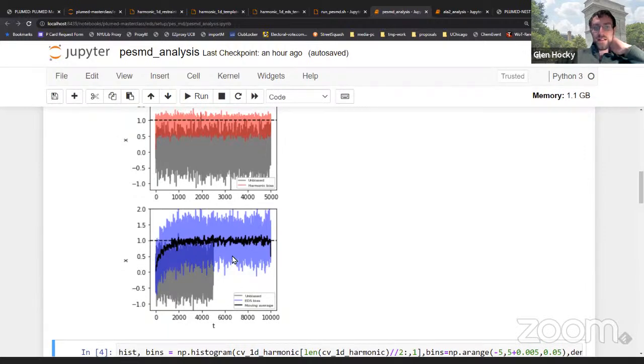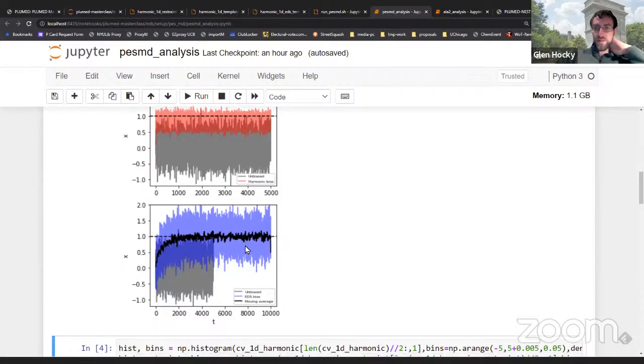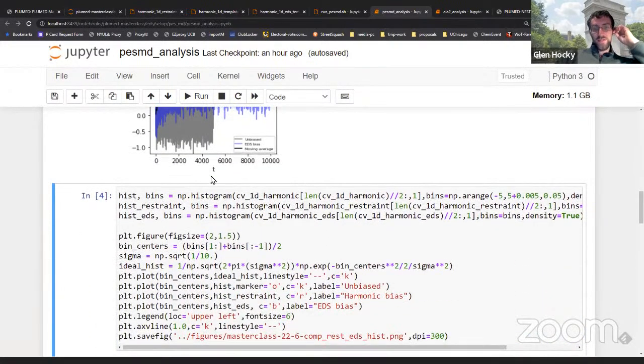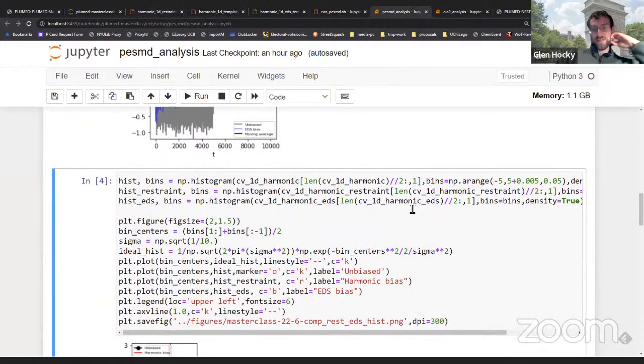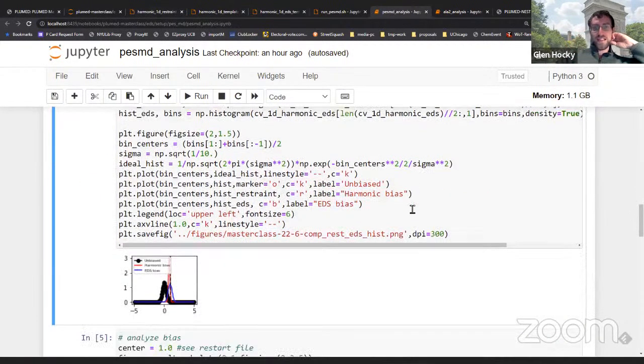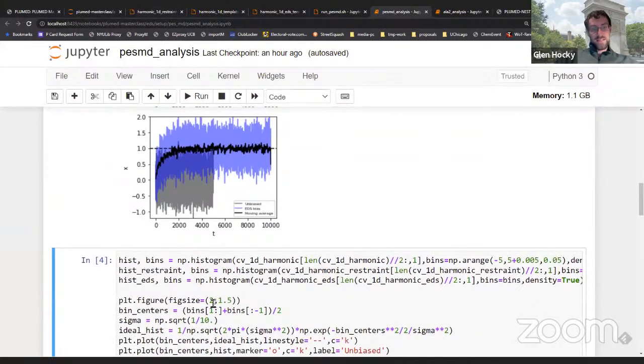And if you follow the moving average of that bias, you'll see that over some number of steps, the system starts sampling around 1.0. And then you can histogram. I took the second half of each trajectory just to be safe.